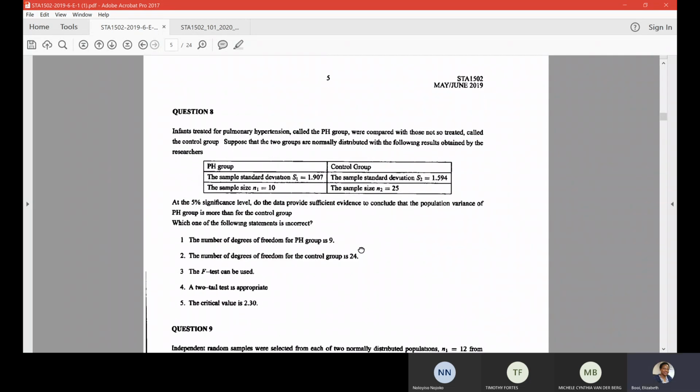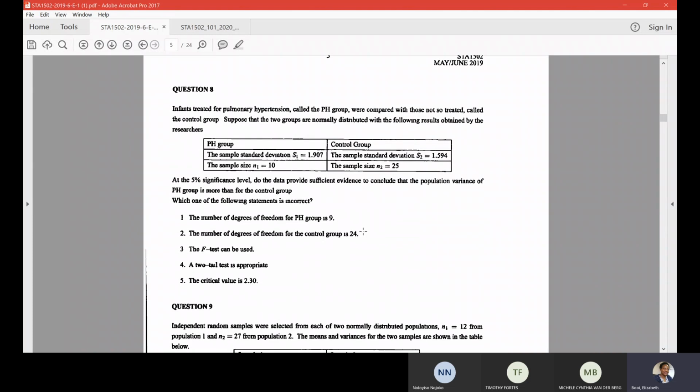Right. So now we move into question number 8. Given the information, I'm not going to read the whole statement. At 5% level of significance, do the data provide sufficient evidence to conclude that the population variance is more than? It's very important that you read the sentences correctly so that you don't make wrong assumptions when you do the calculations.